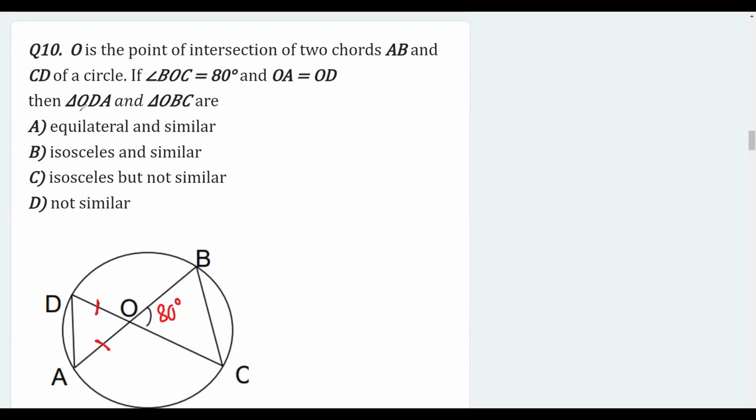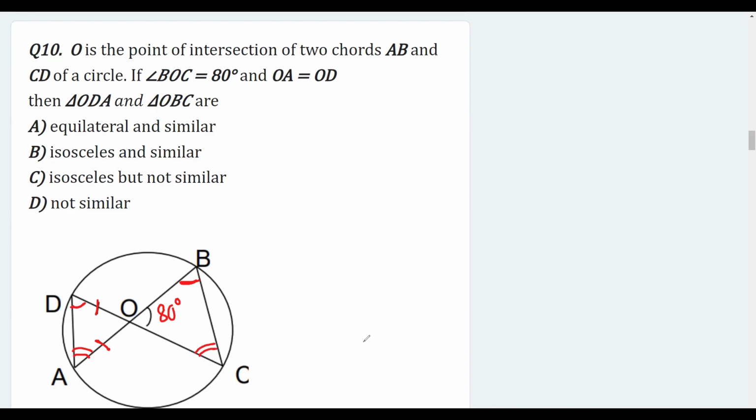And then we have to figure out whether these two triangles are equilateral, similar, isosceles but not similar, or not similar. Now, what do we know? Angles in the same segment are equal, right? From the AC segment, you can see that these two angles would be equal. You have studied in class 9 that angles in the same segment are equal.